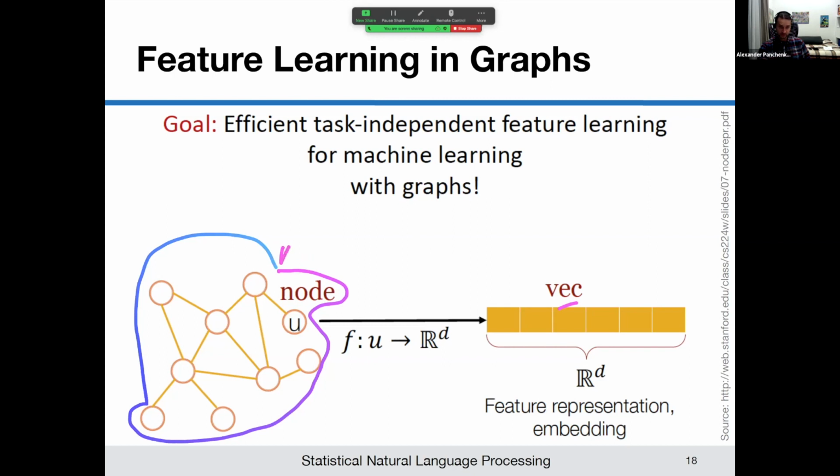The only difference is that in the approaches before, a symbolic item originally represented with one-hot encoding was a word, but in a graph, the symbolic item originally represented with one-hot encoding is a node, right?